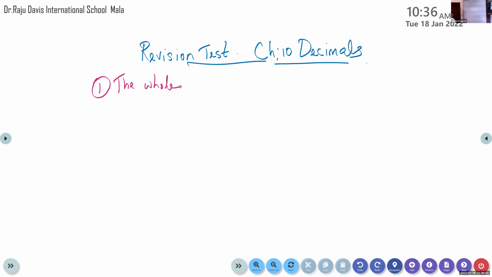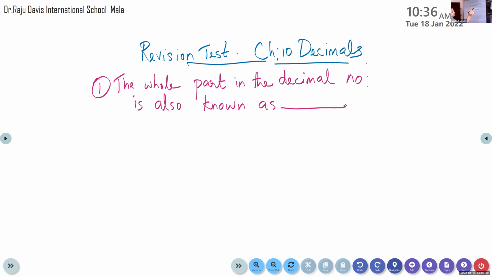The whole part in the decimal number is also known as dash part. Write the question, write the answer.